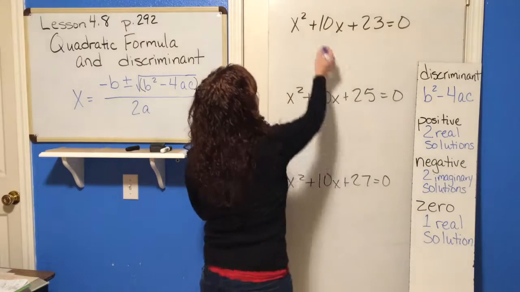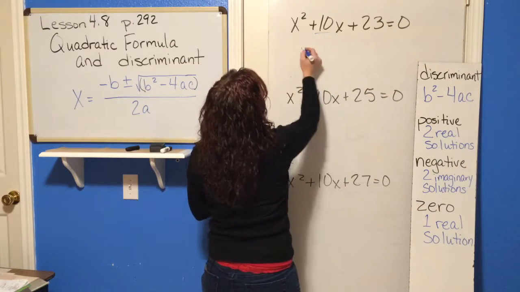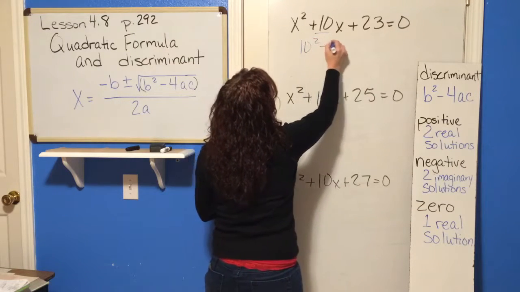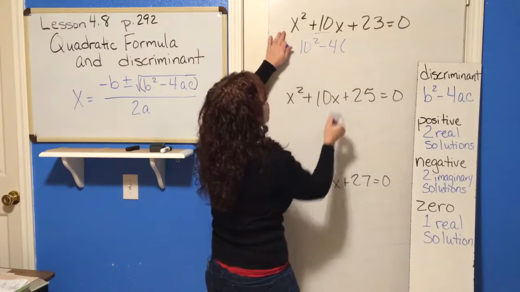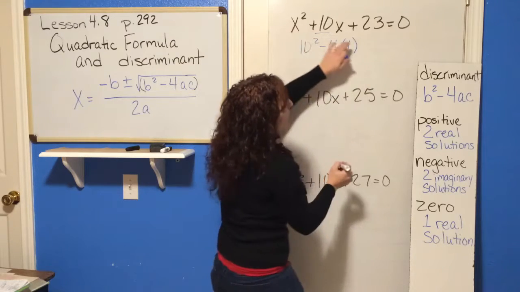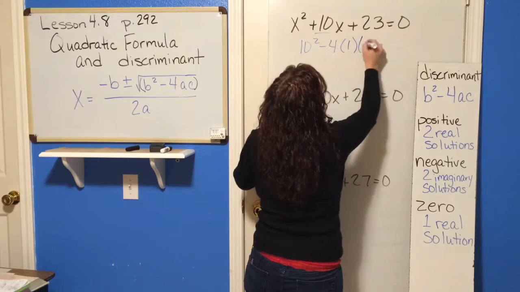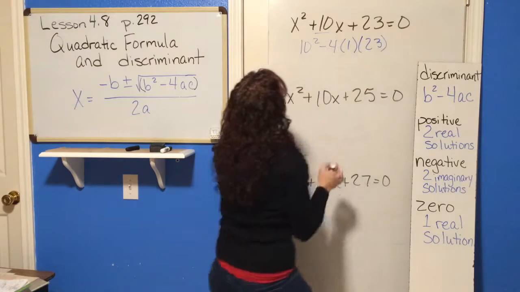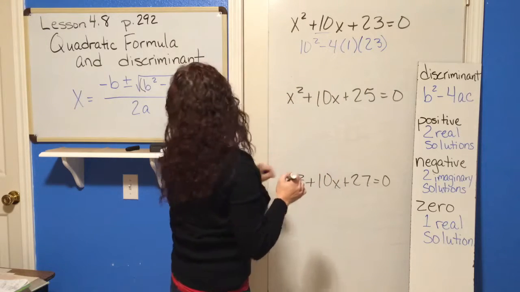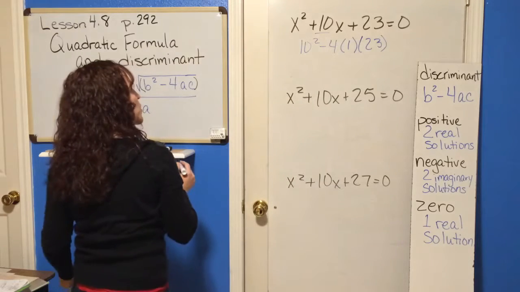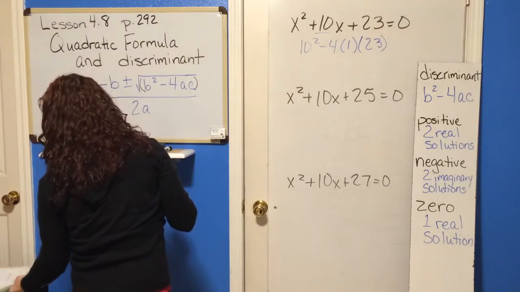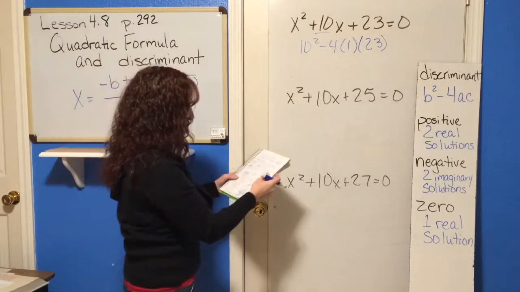So b is 10. So 10 squared minus 4. A is 1. And c is 23. So let's just work it out. You got 10 squared minus 4 times 1 times 23. So 10 squared is 100.